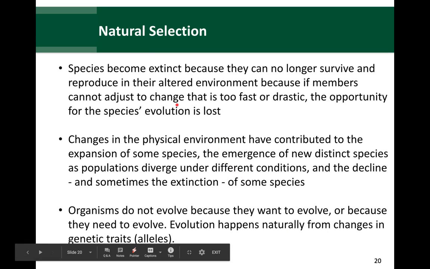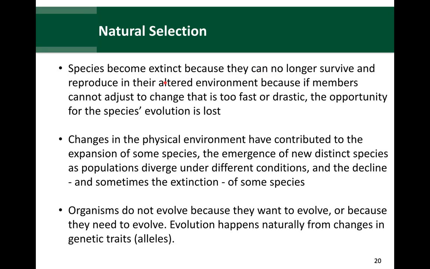So species become extinct when they no longer survive and reproduce in an altered environment, because if members cannot adjust to change that is too fast or drastic, the opportunity for the species' evolution is lost. What we see now is that environmental change may be happening too fast for evolution to occur where species are able to adapt.